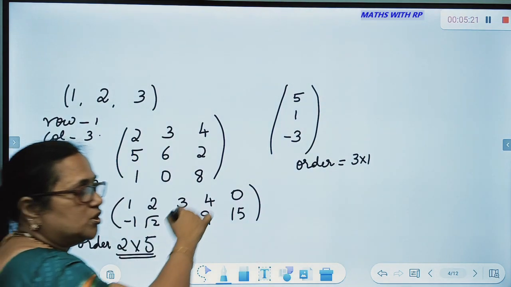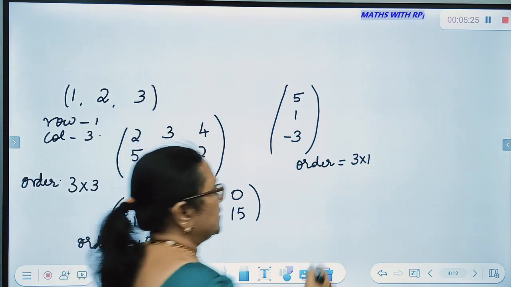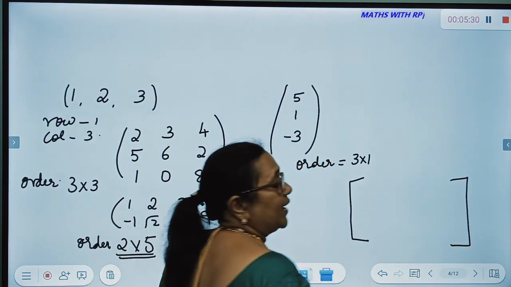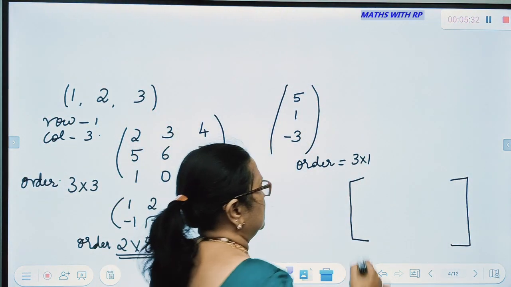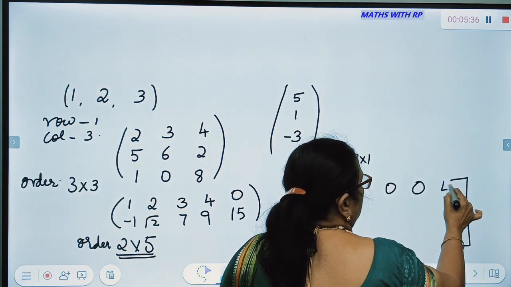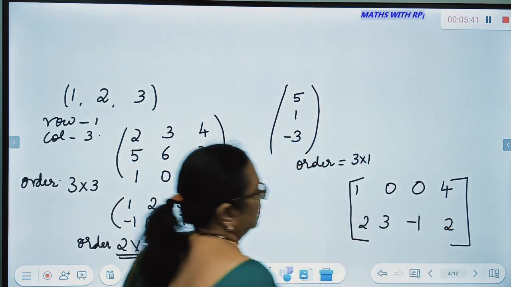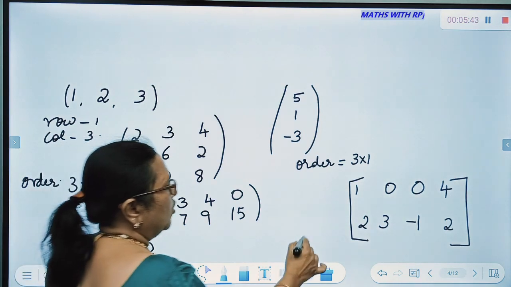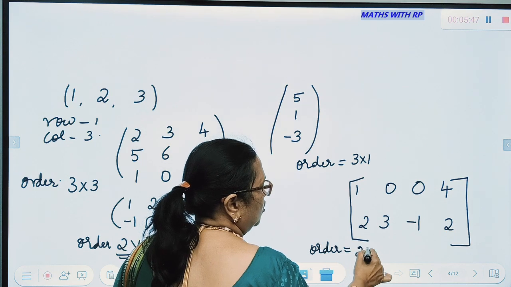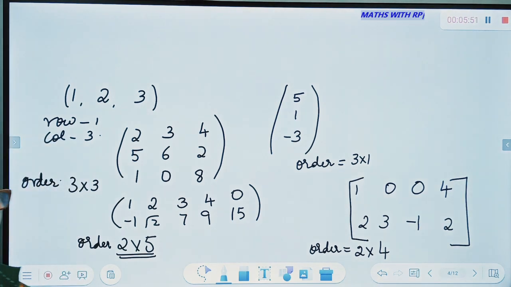We not only use this kind of brackets to represent a matrix, we also use this kind of brackets. So this is also a matrix. What is the order of this matrix? It has got 2 rows and how many columns? 4 columns. 2 rows and 4 columns.